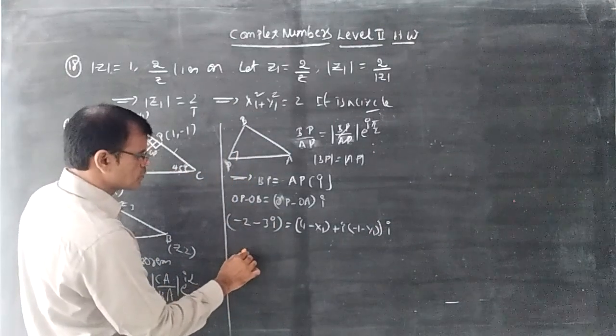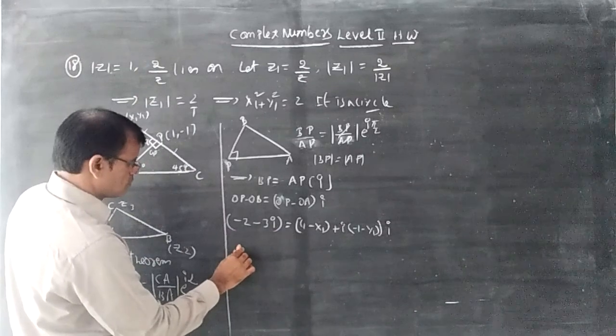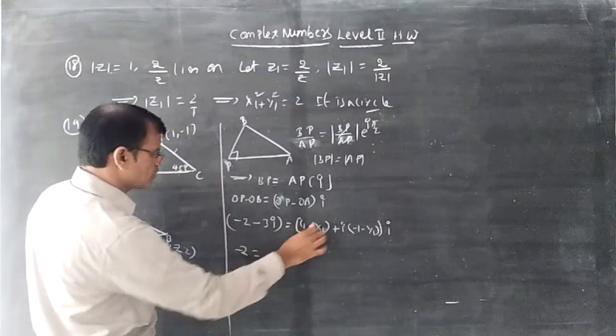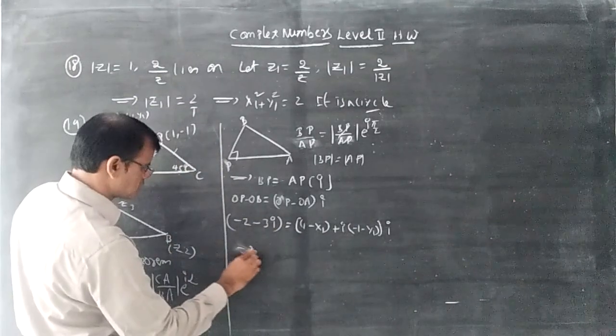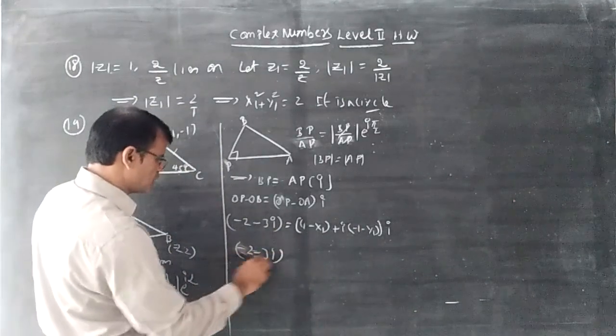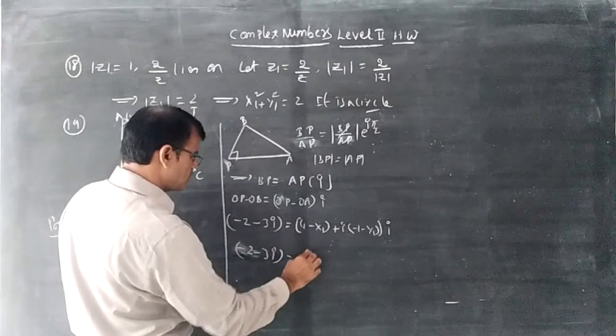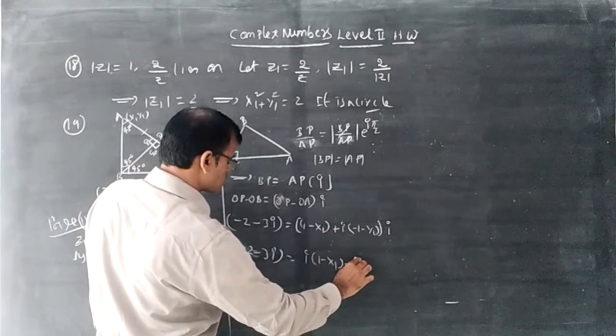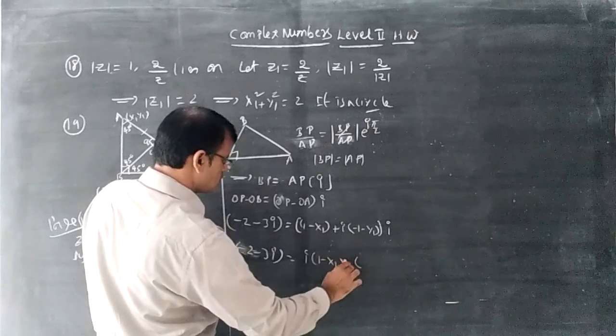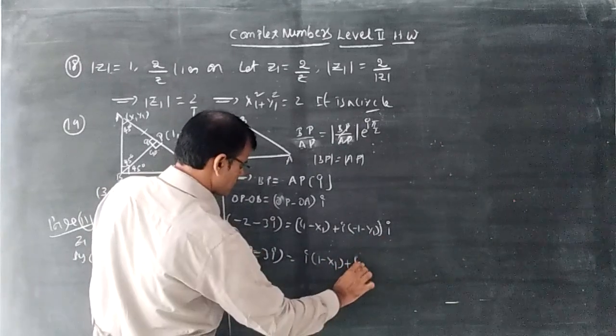So minus 2 minus 3i is equal to i into (1 minus x1). I into i becomes minus 1, so it becomes y1 plus 1.